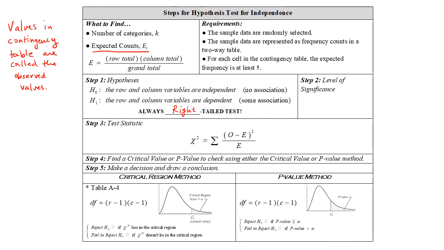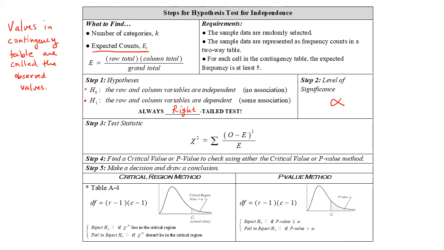And notice that here, for the null hypothesis and alternative hypothesis, the null hypothesis is that the row and column variables are independent. And the alternative is that they're not independent, that they're dependent. And of course, our level of significance will be alpha, like it's usually denoted.